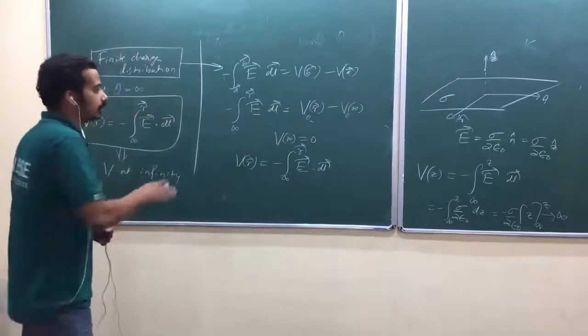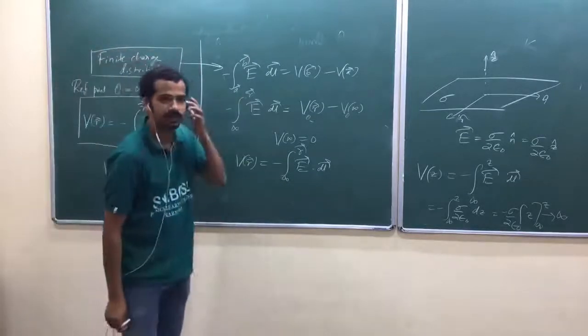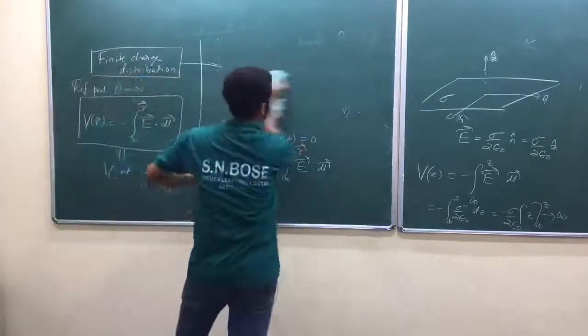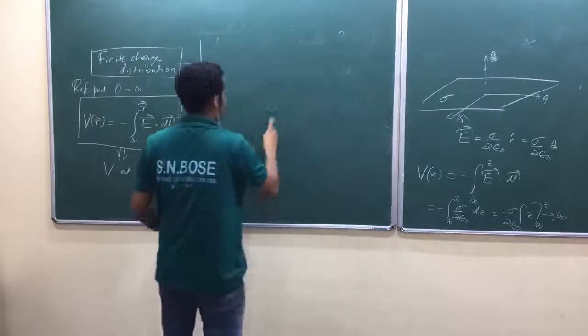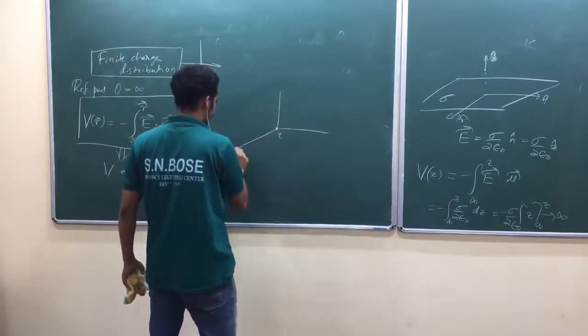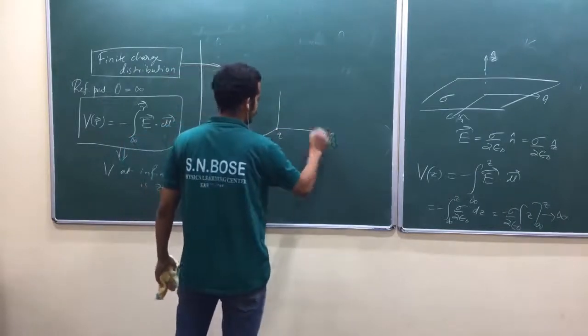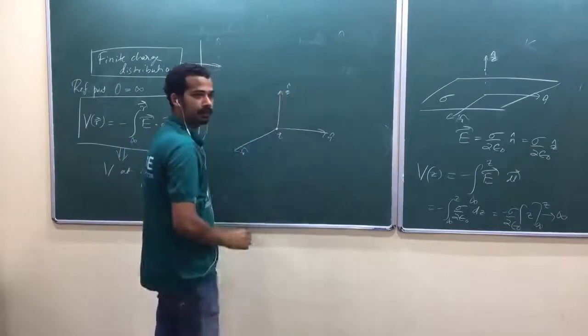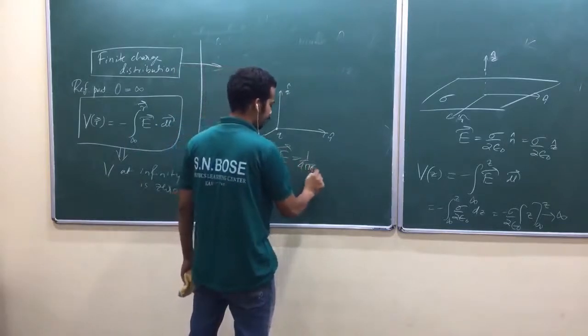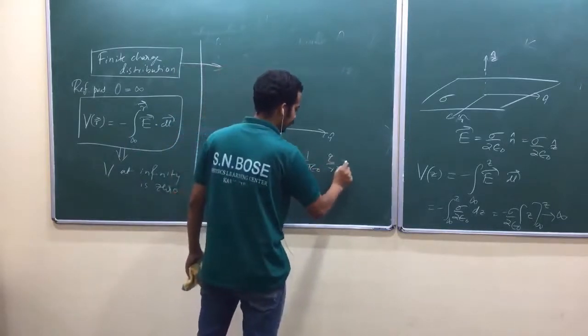Okay. I mean, let me go to that one. Yeah. So you are saying, in other way, suppose I have taken point charge at the origin, am I right? Good. I forgot that one. So then I found electric field is equal to 1 by 4 pi epsilon naught q by r square r cap, am I right?